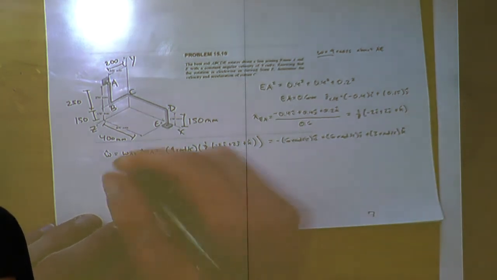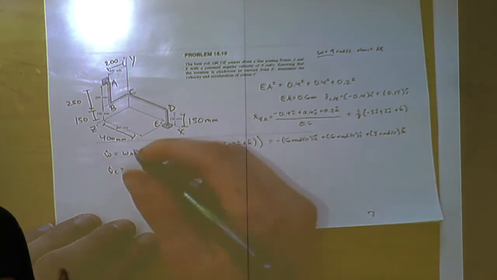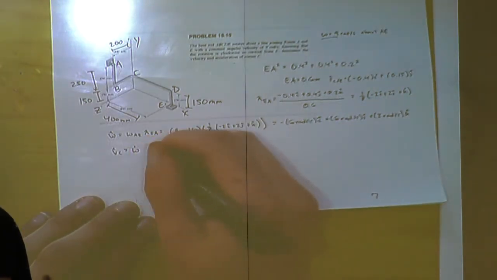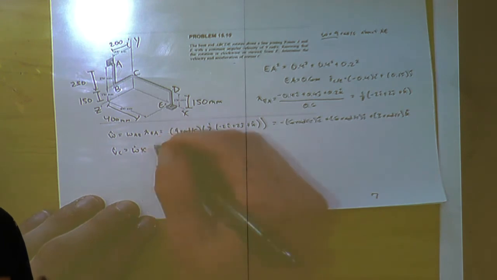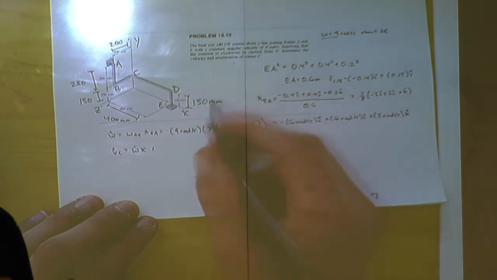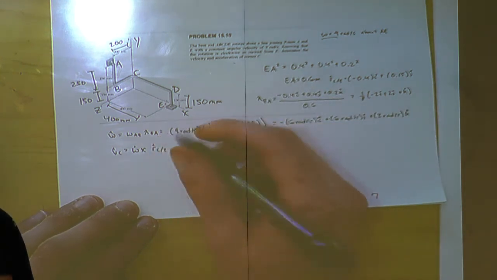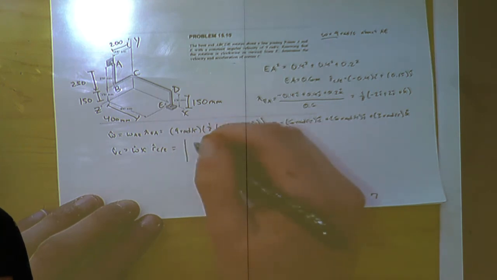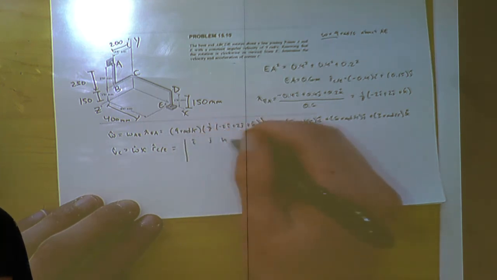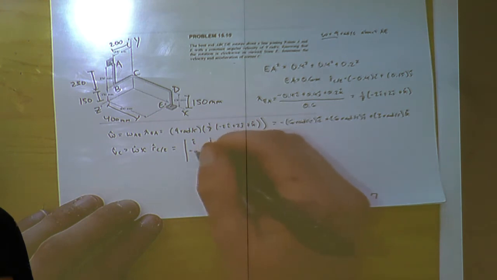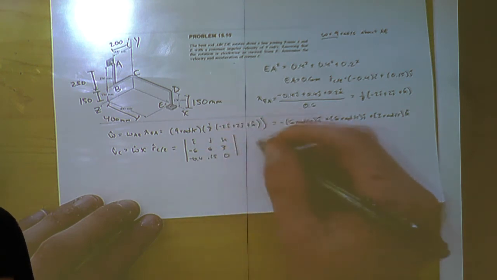And then we have the velocity of C is going to be what we just solved for cross the position vector of C relative to E. That's going to be i, j, k, negative 6, 6, 3, negative 0.4, 0.15, and 0.